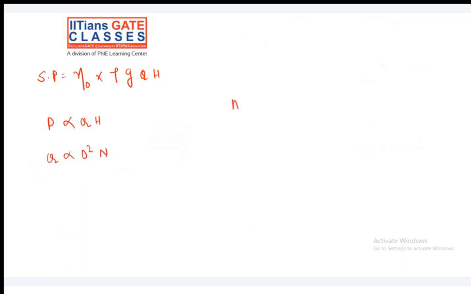Why? Because area into velocity, area is d square, and v is directly proportional to u, so this is proportional to n also. So q is directly proportional to d square n, and u is proportional to dn. This we also know, that u is pi dn, so u is proportional to dn.